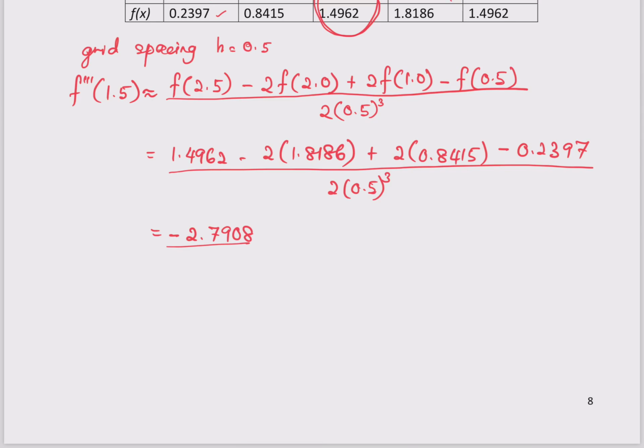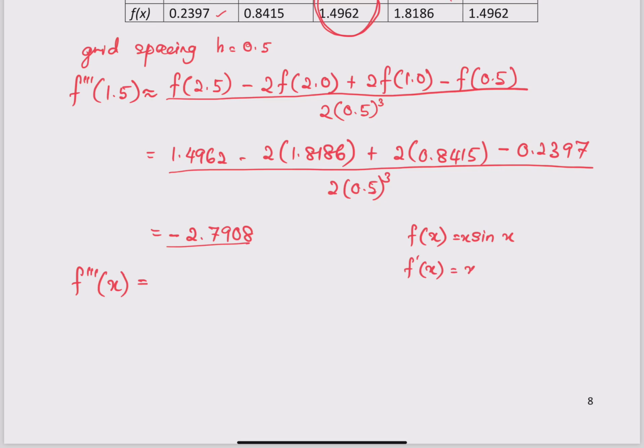And we can calculate the error. To calculate the error, you need to first find the third derivative of your function f(x). But of course, to find the third derivative, you must first find the first derivative.